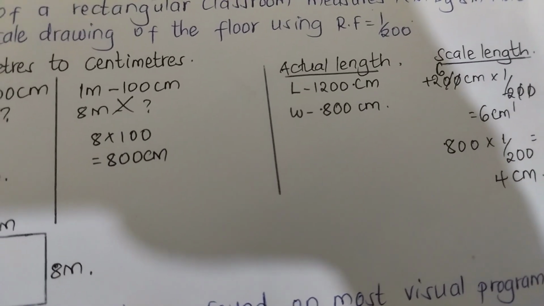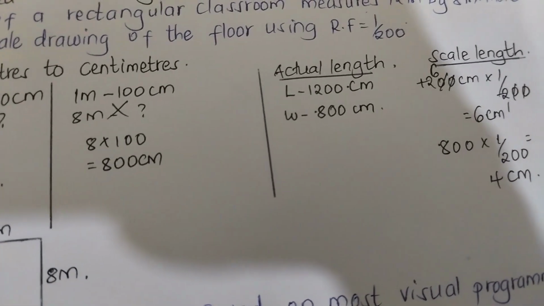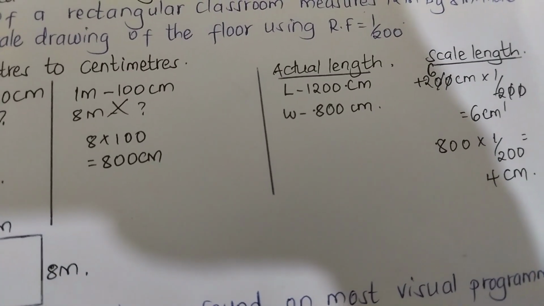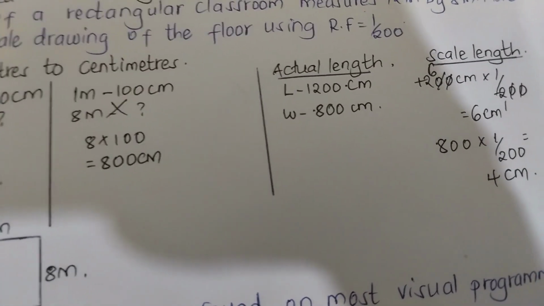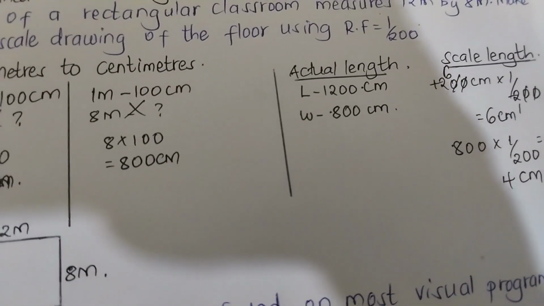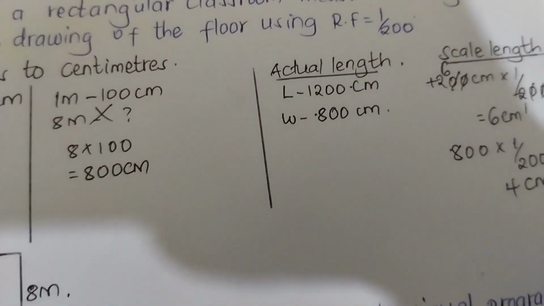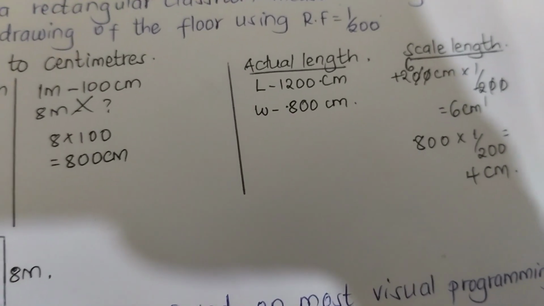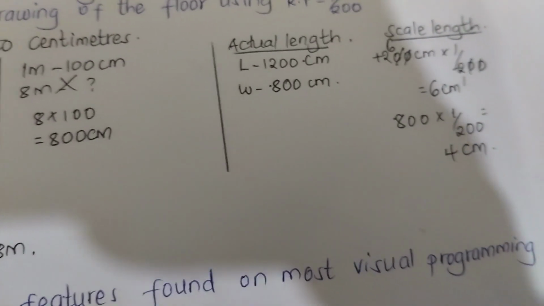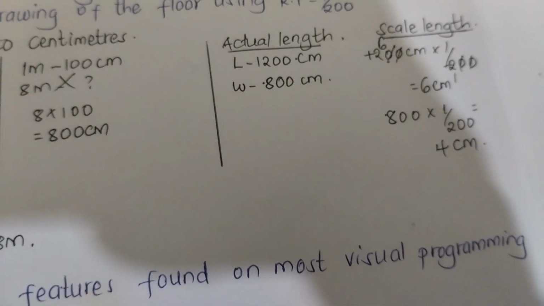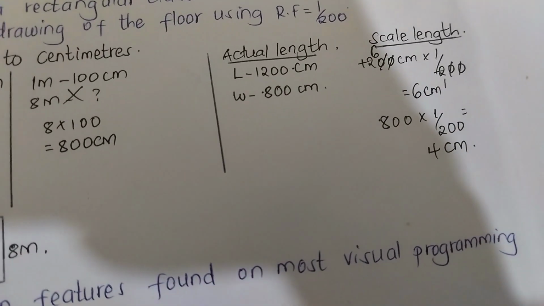But we've got the representative fraction, which is 1 over 200. So you take the representative fraction and multiply by the length and the width separately. So 1 over 200 times 1200, you get 6 centimeters. And then 1 over 200 times 800, you get 4 centimeters.